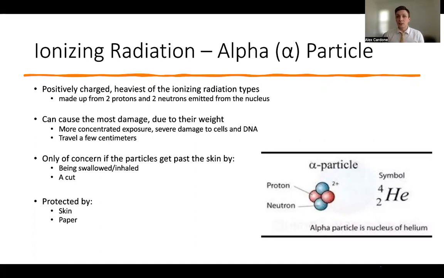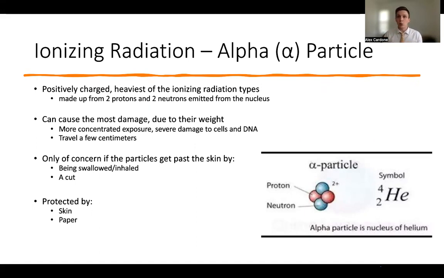The very first ionizing radiation particle that we're going to talk about is the alpha particle. It's actually the heaviest of the ionizing radiation types. It's made up of 2 protons and 2 neutrons. If you remember back to chemistry, the number of protons, neutrons, and electrons are critical to defining what the chemical is.